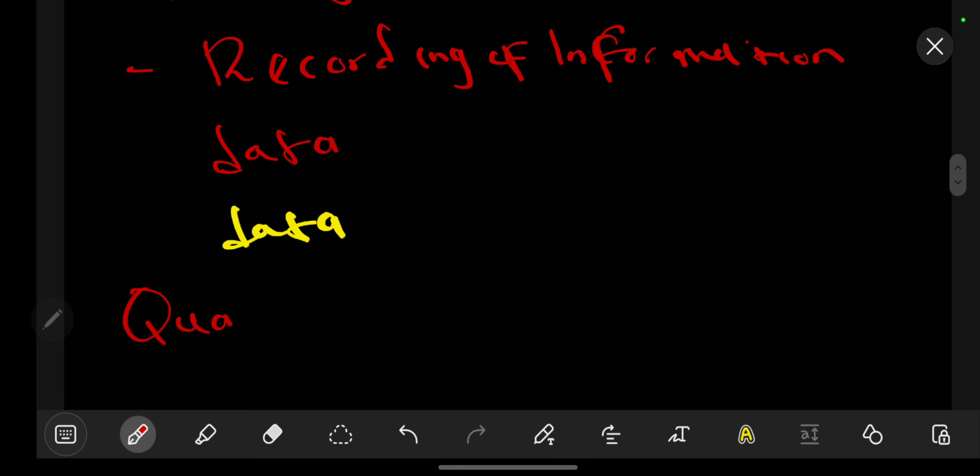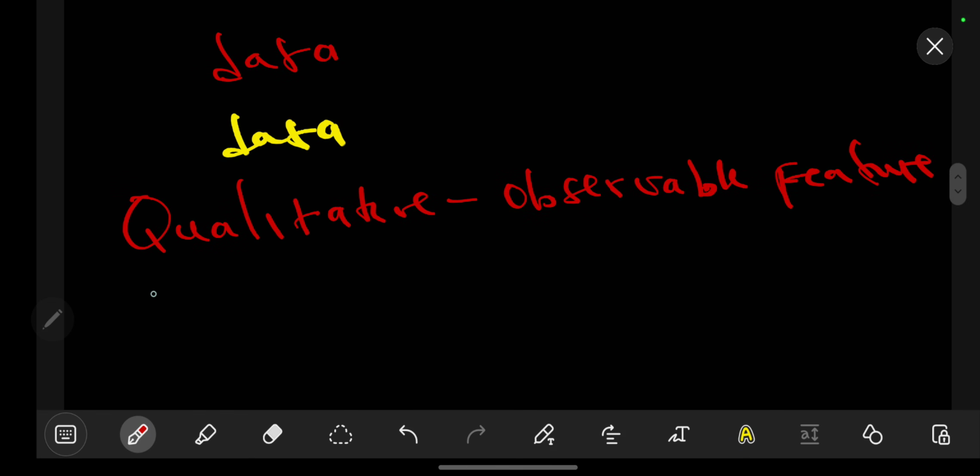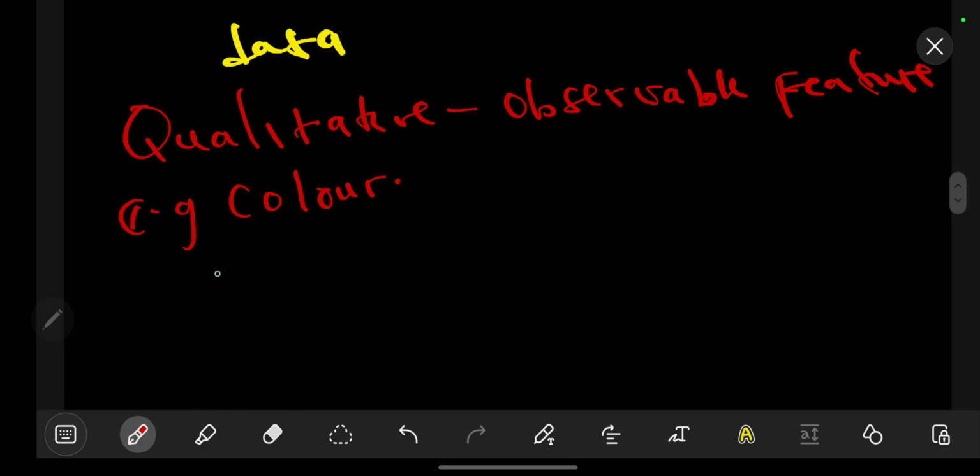So qualitative, just as the name entails, qualitative has to do with observable features. Like for example, when you look at let's say the color of something, what color is it giving you? That's a quality. So that's the qualitative aspect of data.